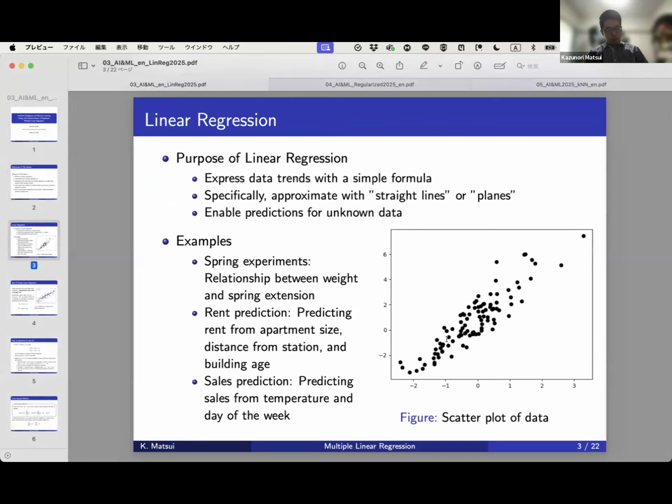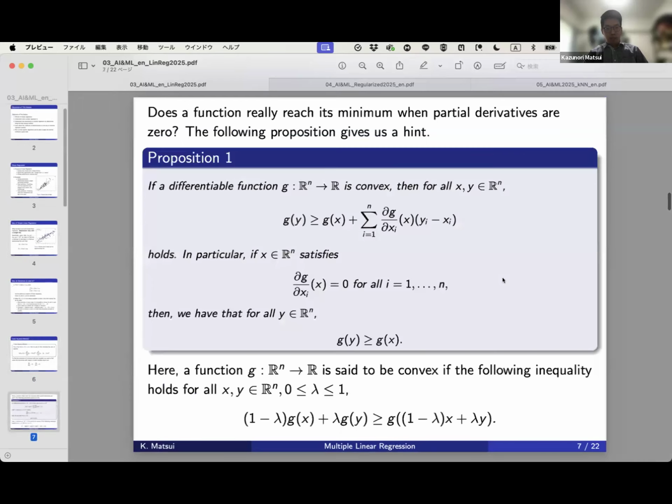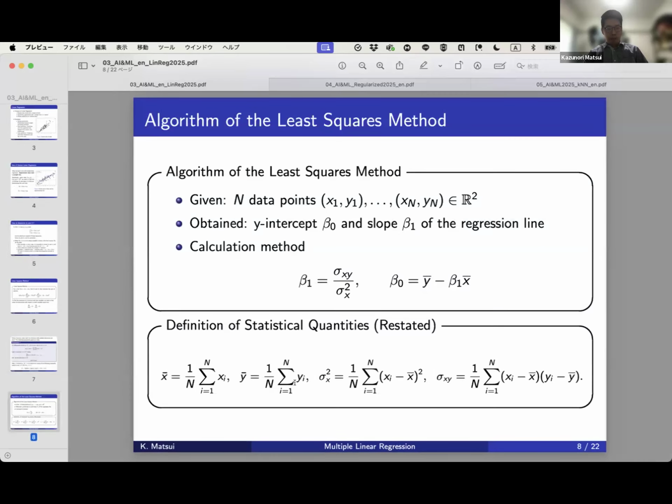When we have data points like this, we wanted to draw a line that follows them. This could be expressed using variance and covariance, but we wanted to apply this to cases with more variables as well.